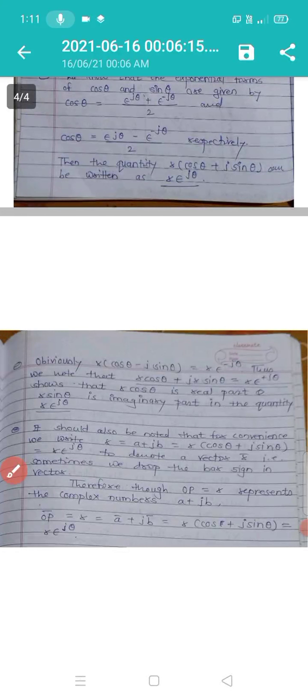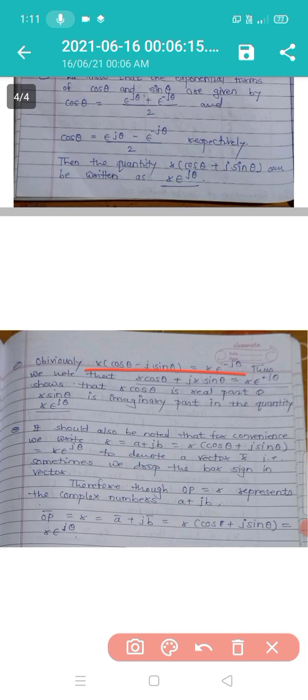Obviously, r cos theta minus j sin theta we get r epsilon raised to minus j theta, and r cos theta plus j r sin theta we get r epsilon raised to j theta. This shows that r cos theta is the real part and r sin theta is the imaginary part in the quantity r epsilon raised to j theta.